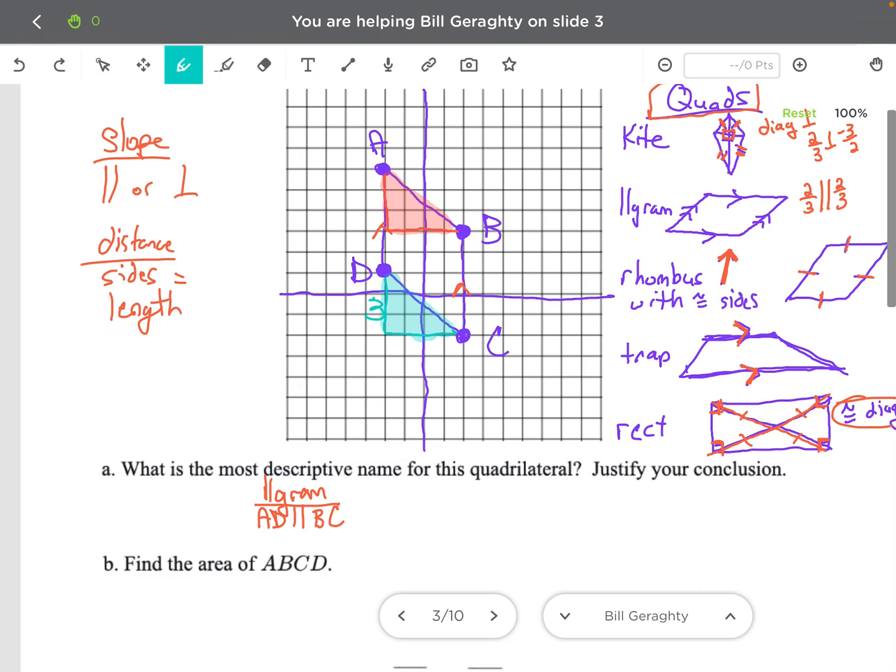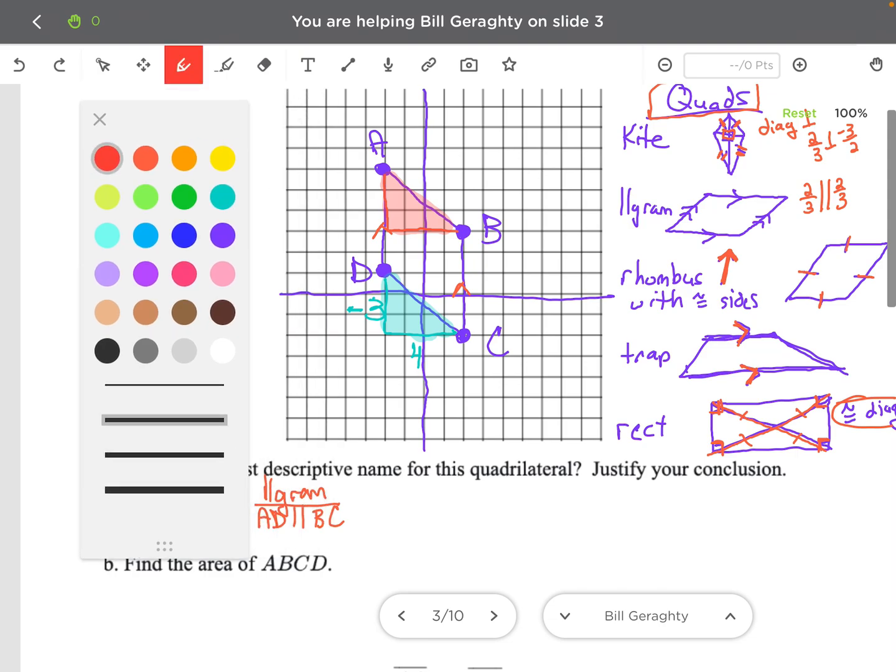And so the blue one looks like it goes down 3/4. The red one also appears to go down 3/4. And what that is telling me is that these purple sides, DC and AB, DC has to be parallel to AB. And so what's so special about this now is that this made it a parallelogram. So I know it's at least a parallelogram.